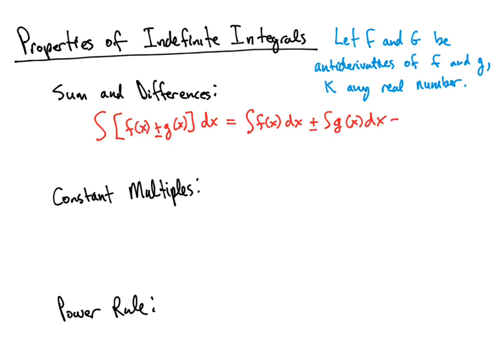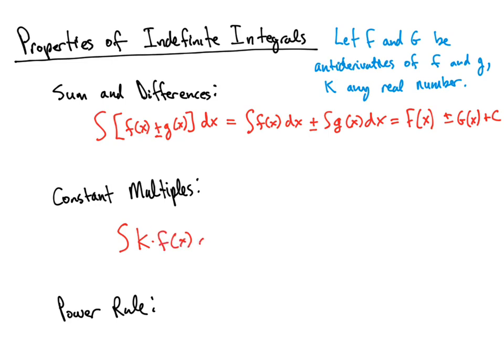So what we'd end up with is just the antiderivative of f plus or minus the antiderivative of g, and then plus the constant term c. So this rule is just telling us if we have multiple terms in our integrand separated by plus or minus signs, we can integrate each term individually.